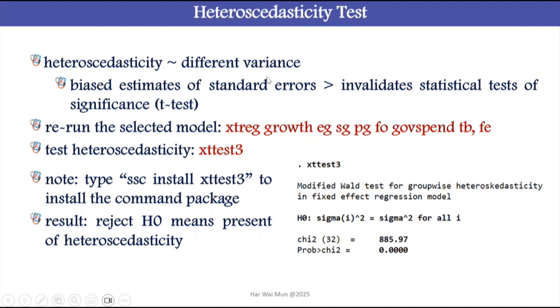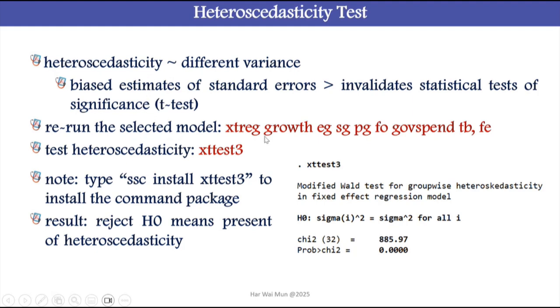Your t statistic is the coefficient divided by the standard error. So if the standard error is wrong, then your t statistic is wrong. When your t statistic is wrong, even though you say it is significant or not significant, it is a wrong answer. So we must ensure that the fixed effect model does not have a heteroscedasticity problem, in other words, that the fixed effect assumption of homoscedasticity is not violated.